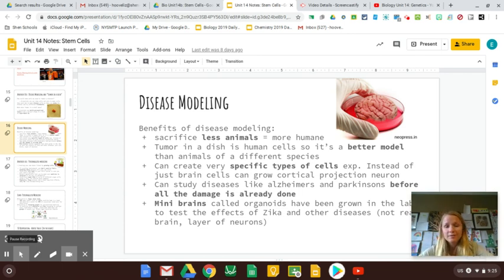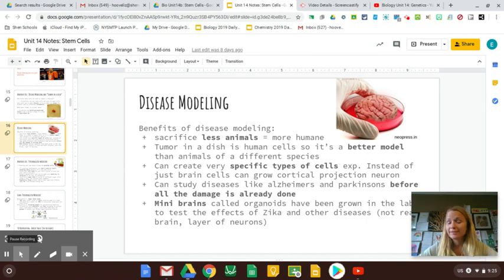The benefits are that you don't have to experiment on animals as much, which is great. It's also just better for people, because your personal cells in a dish are going to be a better test than a rat. Rats do have similar DNA to us, but they're not that similar. You can make really specific types of cells.